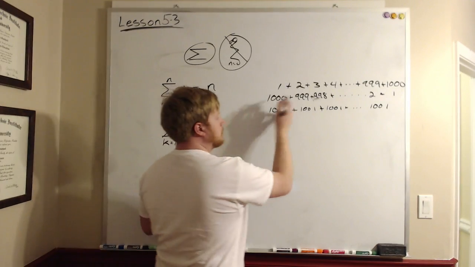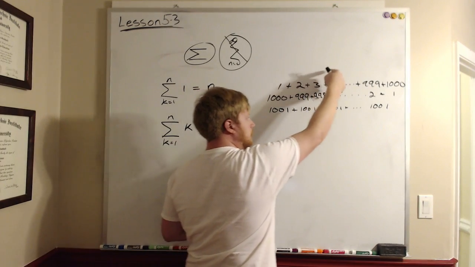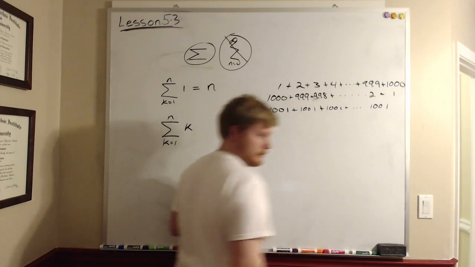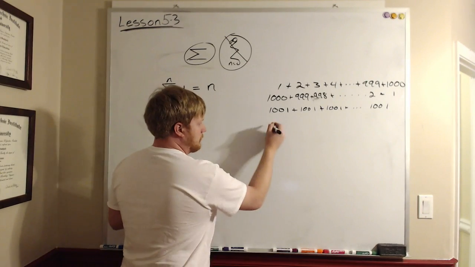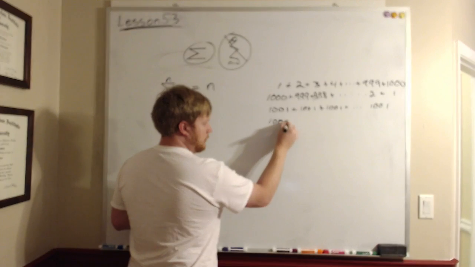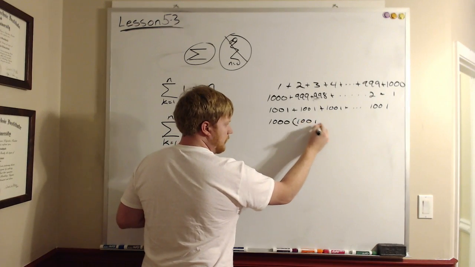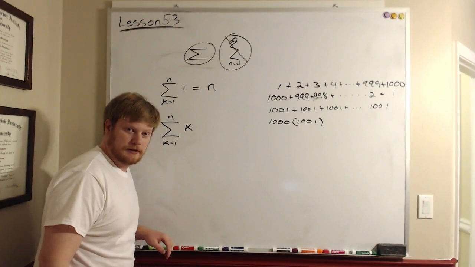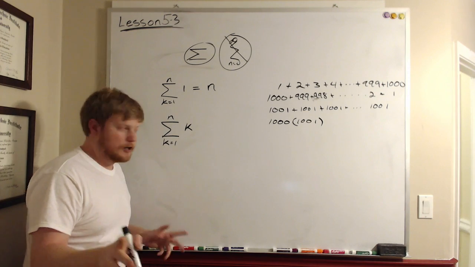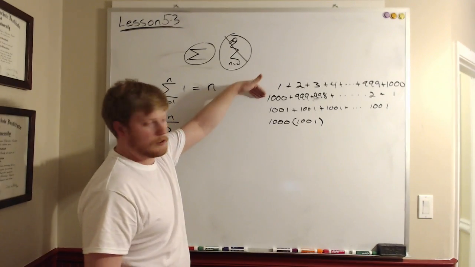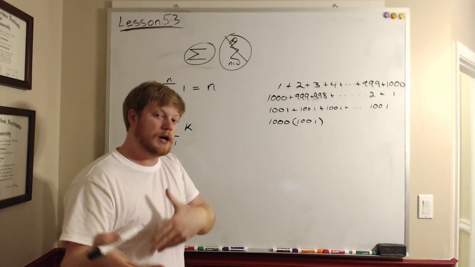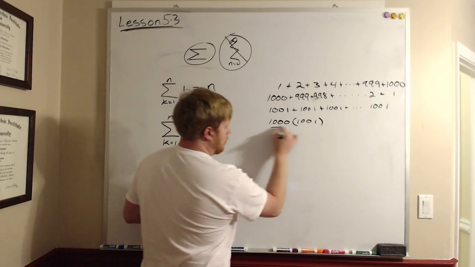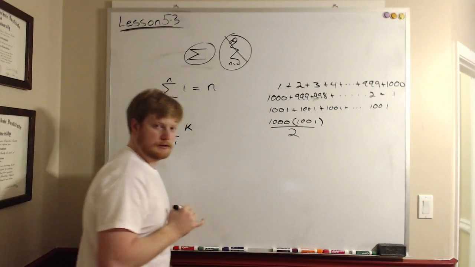I get 1,001 for every one of those pairs of sums. And how many pairs of sums do I have? 1, 2, 3, 4, ... 1,000. I have 1,000 1,001s. However, notice that I've added 1 to 1,000 and 1,000 to 1, so my sum is twice as large as I would want it to be. So I'll divide it by 2.